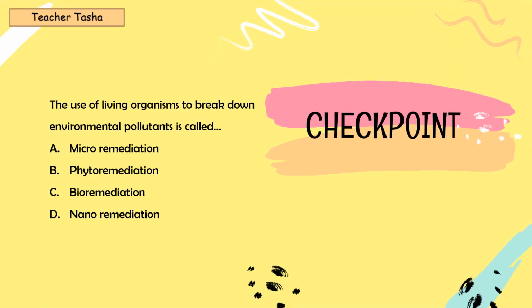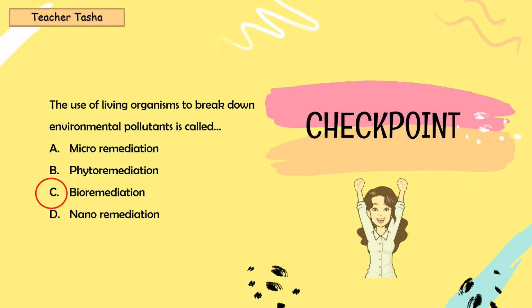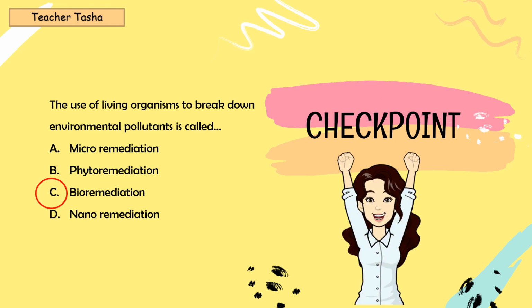Now, let's check our understanding of what we have learned from the lesson. The first question, the use of living organism to break down environmental pollutant is called microremediation, phytoremediation, bioremediation, or nanoremediation. Yes, it is bioremediation.